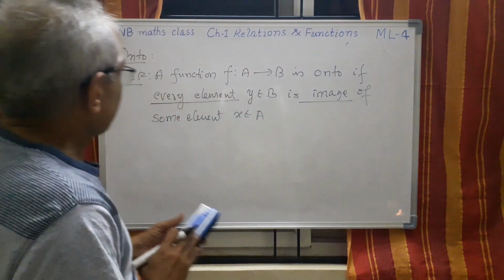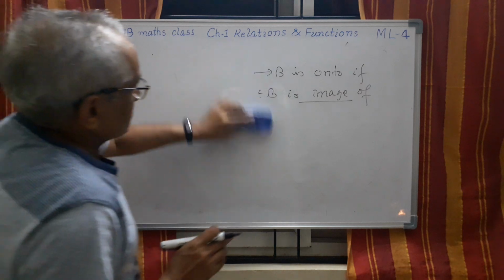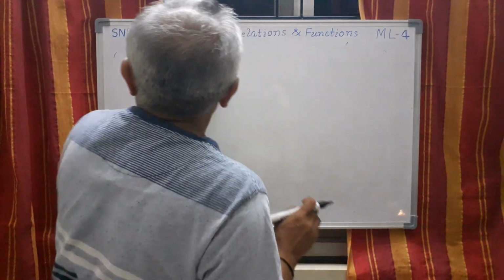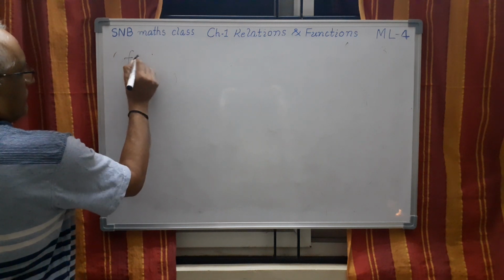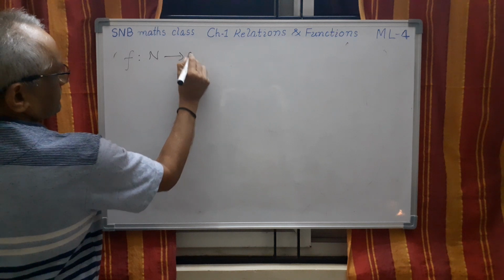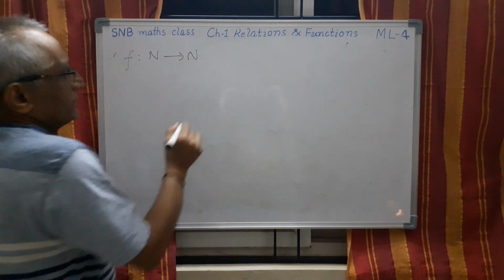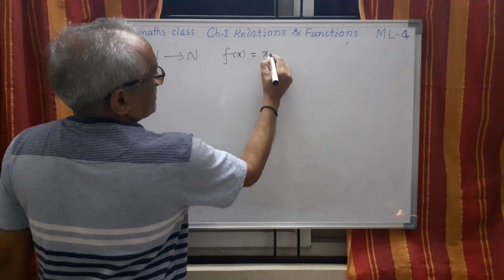Now let us take a few examples to understand the onto function. Let us say f is a function from N to N defined by f of x equal to x plus 1.